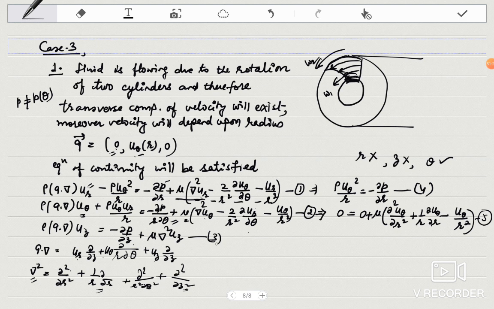Now if I come to the third equation, uz is 0, so delta p delta z is 0, which implies that p is not a function of z. So finally your p is a function of r alone. Now we are left with two equations, 4 and 5.